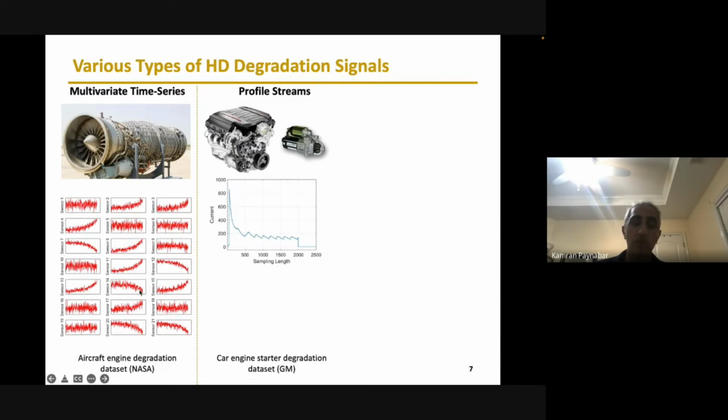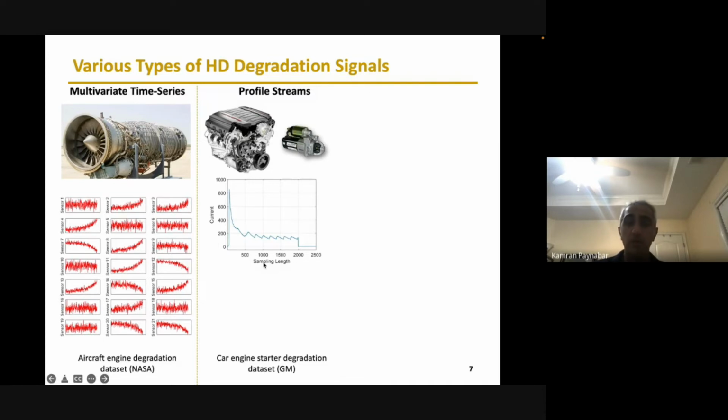With respect to faults, some of them are informative and some of them are not. How can you utilize these multivariate degradation signals to predict the remaining lifetime of a system? It's one example of high dimensional data where we have multiple sensors and each sensor is capturing data from the system.